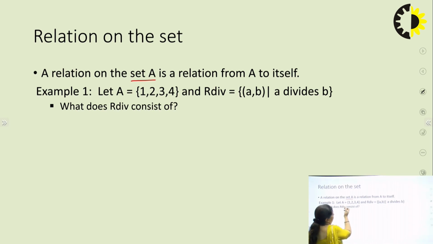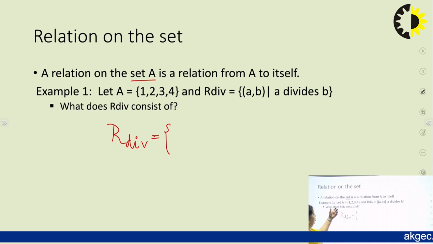Now let's take the example. Suppose I have a set A which contains 4 elements 1, 2, 3, 4, and the relation R is defined as it will contain the ordered pairs (a, b) such that a divides b. Now what will this relation R contain? Let's see. Now this relation is on set A, from set A to A. So that means the second component will also belong to set A itself.